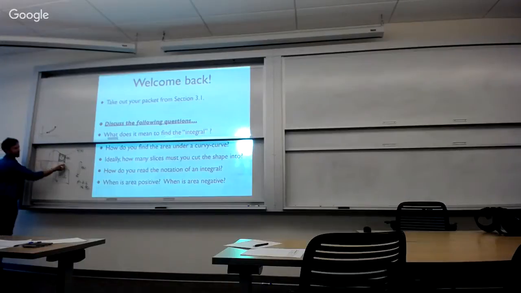But if you want to read the height, this f of x right here, that height is f of x, and in this case it would be a positive number, like say positive 5. But if I found the height right here, what would f of x be on the y-axis? That would be a negative number, like -4. Therefore, for that rectangle down there, your f of x, your height, would be -4 and your width would still be dx. And when you multiply a positive times a negative, you get negative.